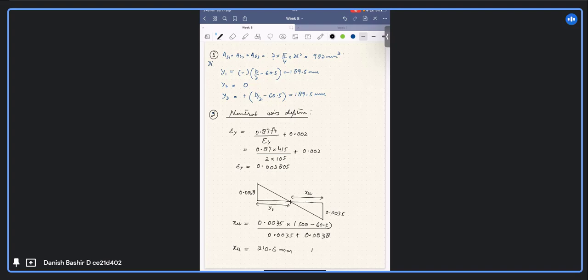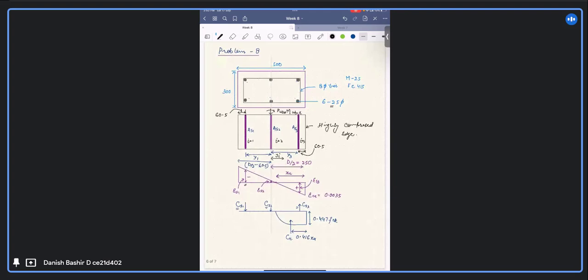And our d by 2 depth, that is the centroidal axis depth, is 250. Clearly you can see that the neutral axis depth is less than the centroidal axis depth. That's why I showed that here. This is the centroidal axis CA, and this is the neutral axis, because the neutral axis depth is coming only as 210, but this d by 2 is 250.